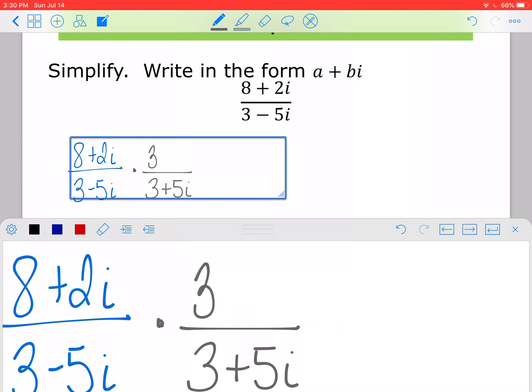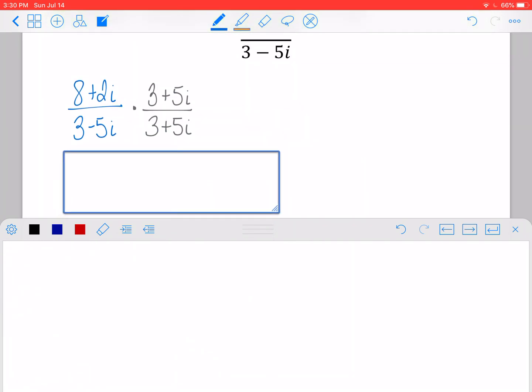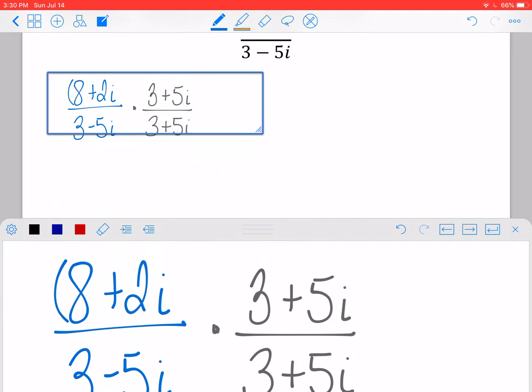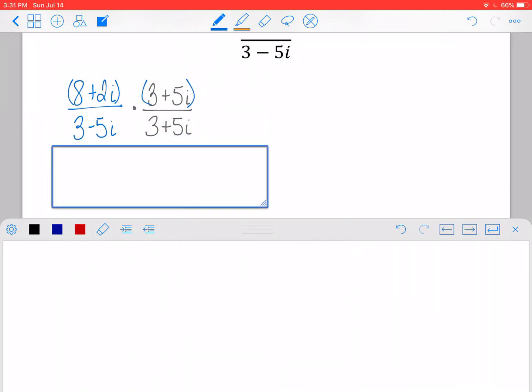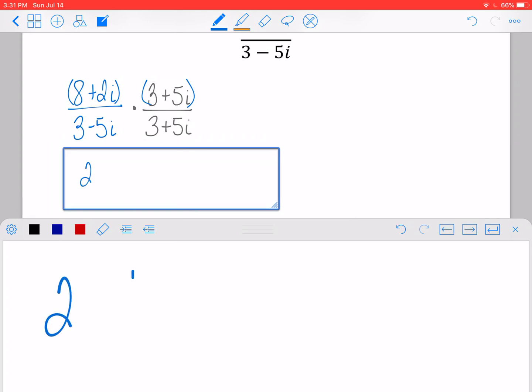Then we have plus 40i plus 6i. So that's 46i. And then we have 2i times 5i. That's 10i squared.